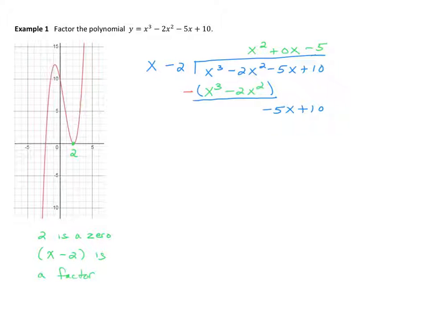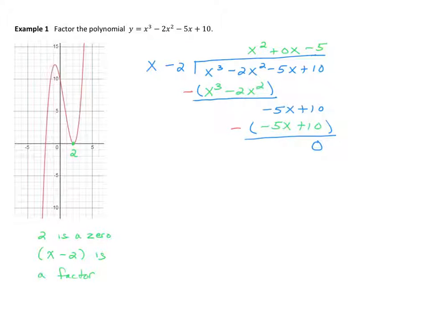When I do that, I have negative 5 times x is negative 5x. And then negative 5 times negative 2 is positive 10. And my difference, after I subtract them, gives me a remainder of 0 since they are identical.